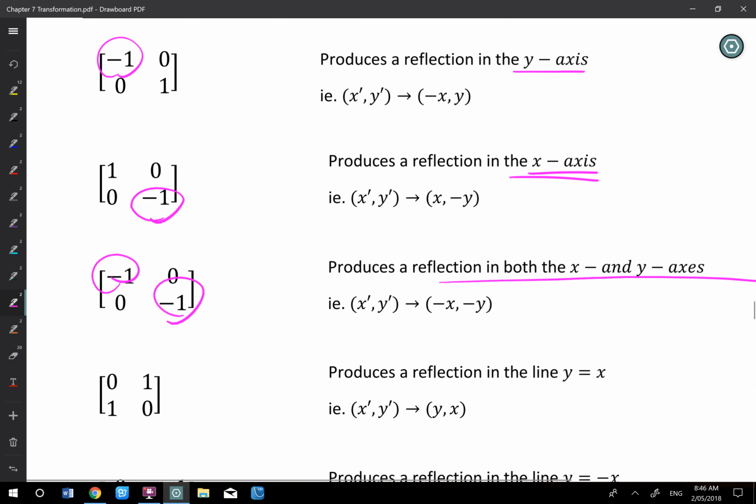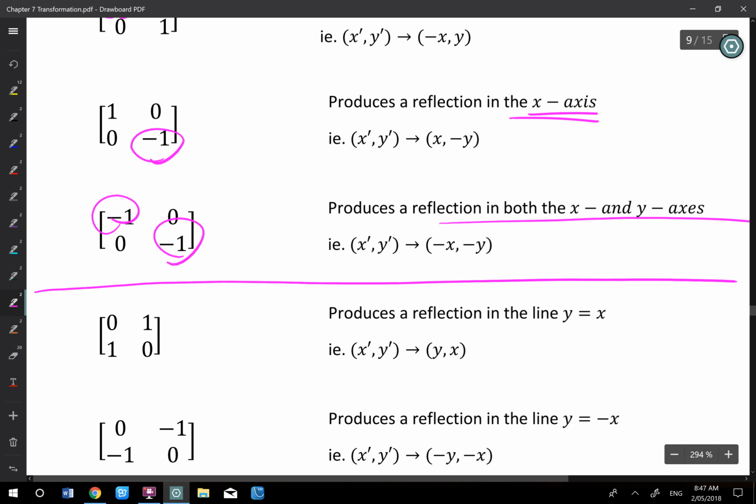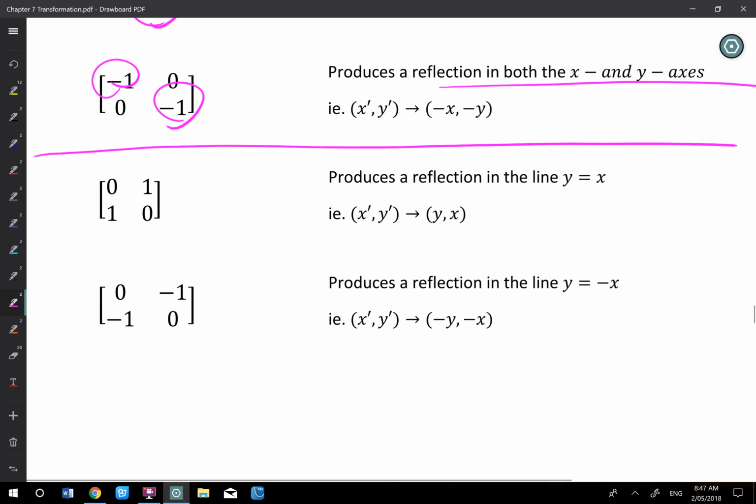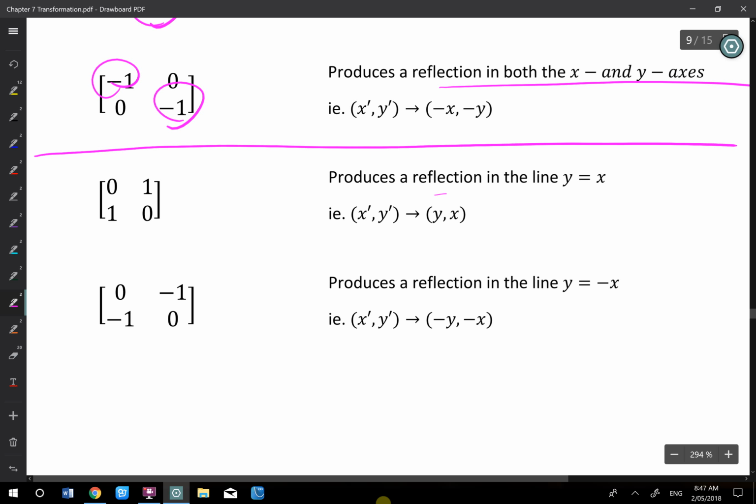And there's a special one. We haven't done this when we talked about dilation, reflection, and transformation last week. So a new transformation we can have is a reflection in the line y equals x.